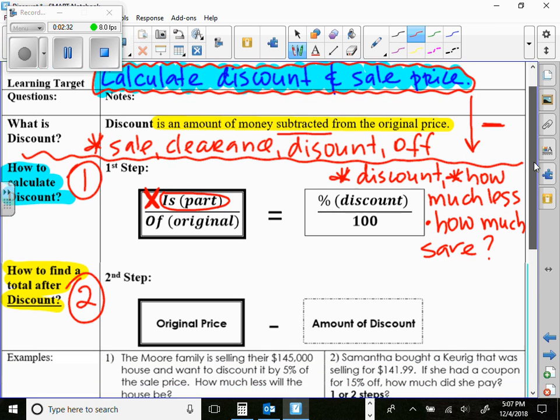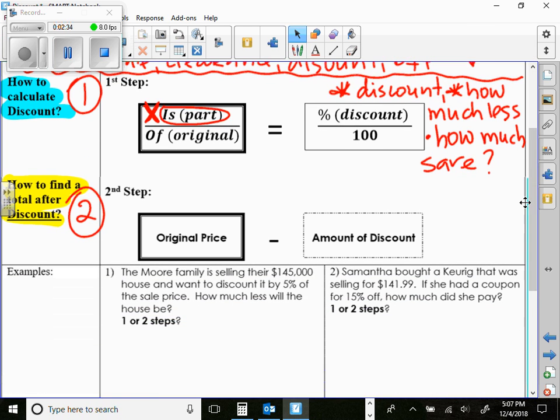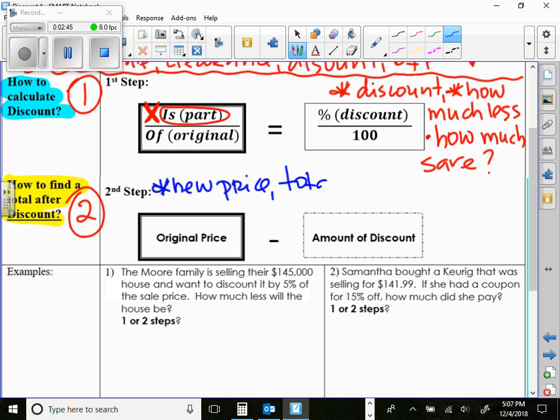If we are asked to find new price, total, sale price, things like that, that should tell you that you have to complete a second step.